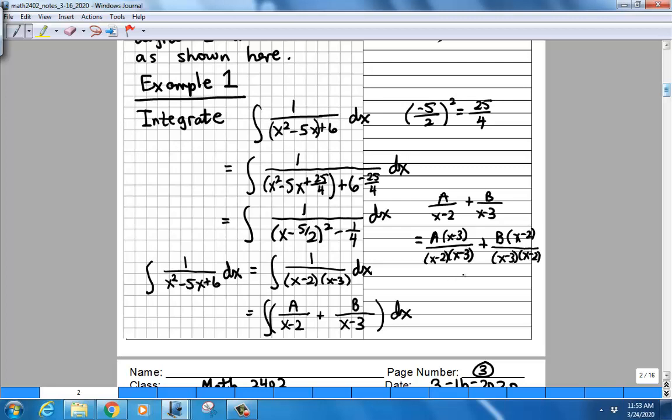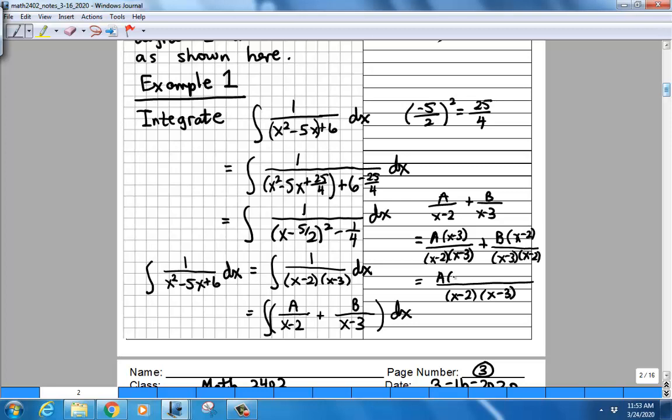And now you can add those two fractions together, because they now have a common denominator of x minus 2 times x minus 3.